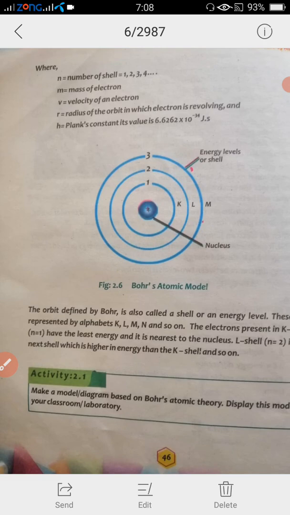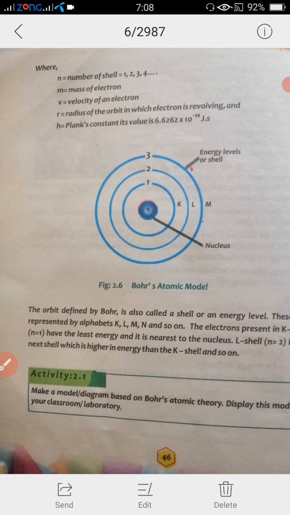The electrons present in the L shell have n is equal to 2, and same as in the next shell there will be n is equal to 3 and so on.